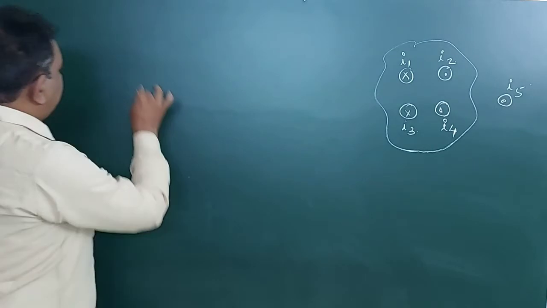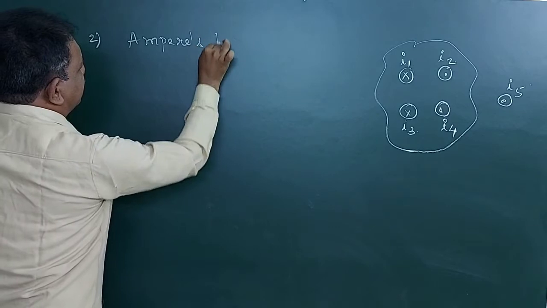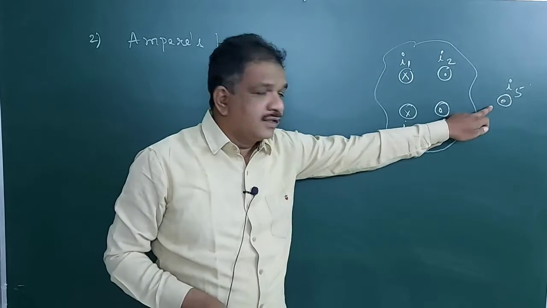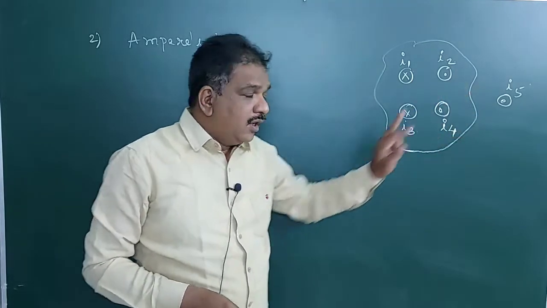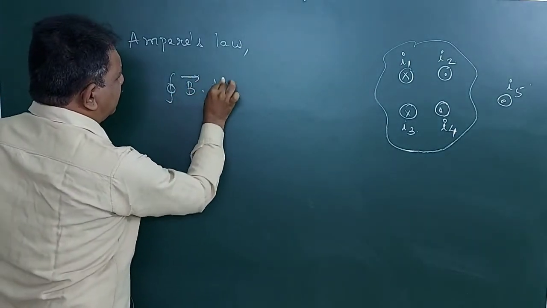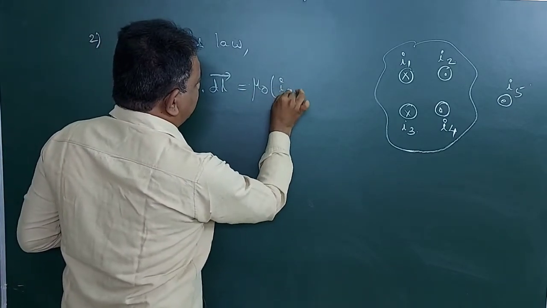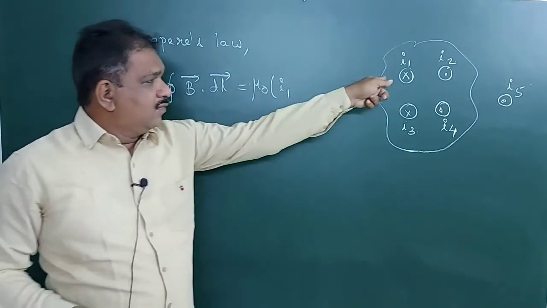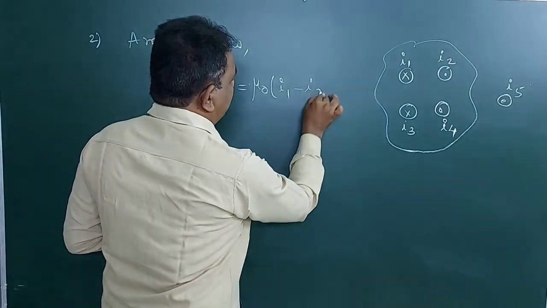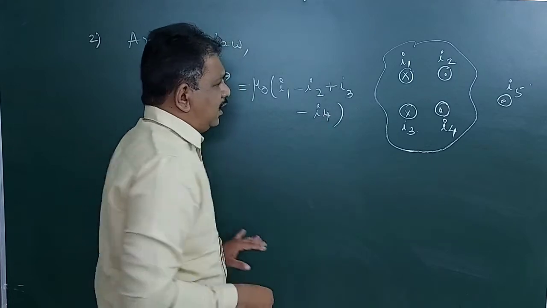What Ampere's law is saying is that we have to consider only the currents inside this loop. No need to consider this current. Closed integral B bar dot dl bar is equal to mu naught into, if you take inward current as positive, outward current will be negative, I1 minus I2 plus I3 minus I4.